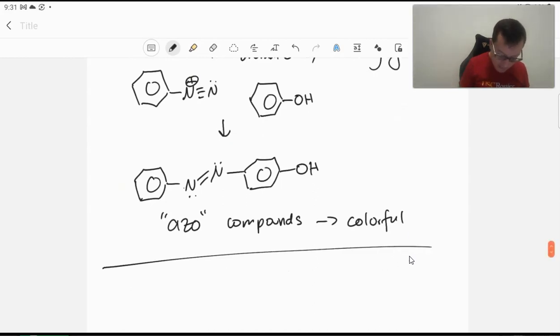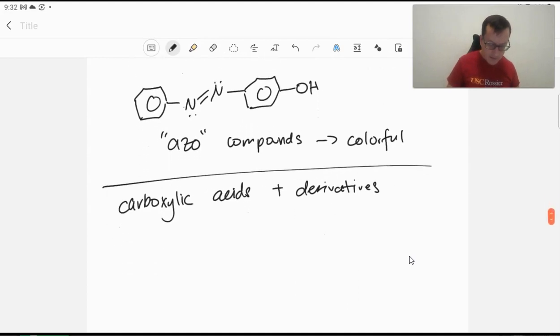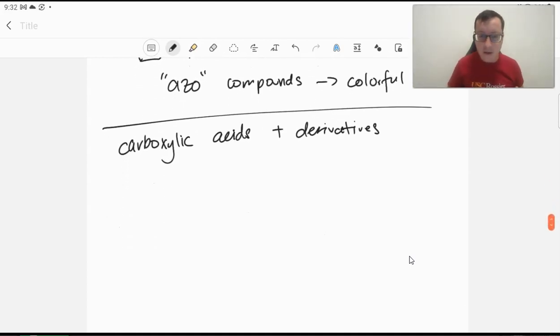We're going to talk about carboxylic acids and derivatives. So this is 2 chapters in the book, but we're going to kind of just combine them because they are really the same idea.